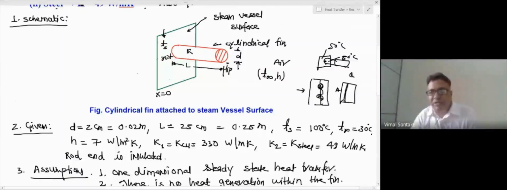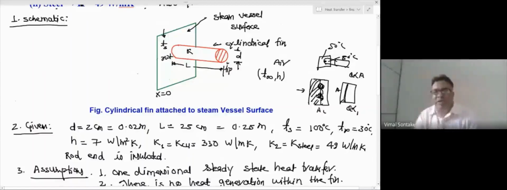And we know heat transfer by conduction is directly proportional to area. When there is no perfect contact, such voids will be formed, and because of the presence of these voids, area will get reduced, isn't it? What is the area available to me for heat conduction to take place? Only this is the area. So if area is reducing, heat transfer by conduction is also reducing at the interface, and because of this, temperature drop will take place.